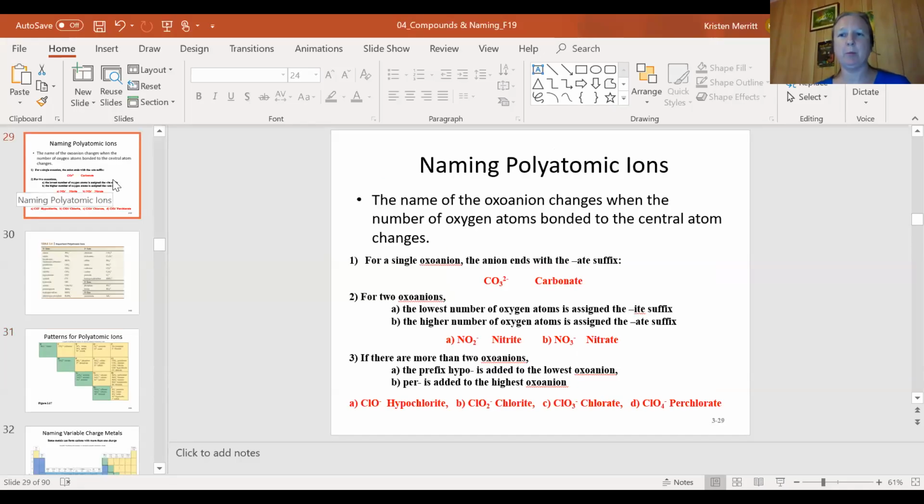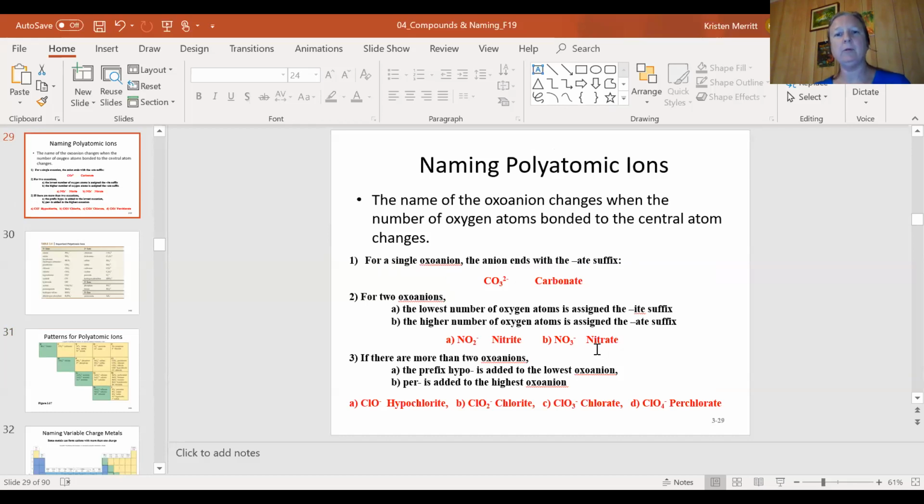Back to our slides. This is probably one of the more difficult things to remember in this semester, the naming. But these methods will help you simplify it. So let's go back over this slide a little bit. A single oxoanion, I call it oxyanion, it's the same thing, is the ATE.